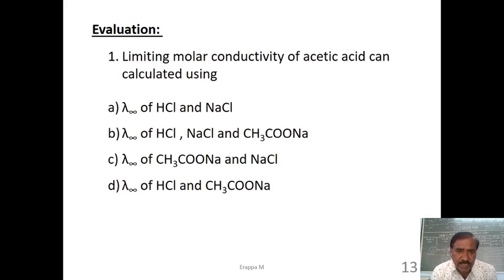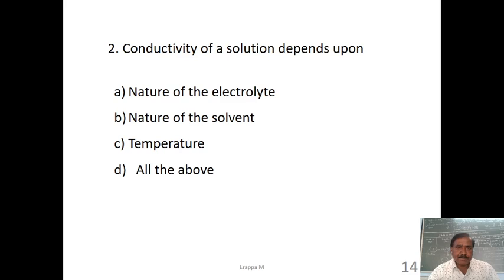Lambda infinity of HCl, NaCl and sodium acetate. Third, lambda infinity of sodium acetate and NaCl, and D is lambda infinity of HCl and sodium acetate. From this you have to calculate acetic acid. There are three strong electrolytes, so B is the correct answer: HCl, NaCl and sodium acetate.